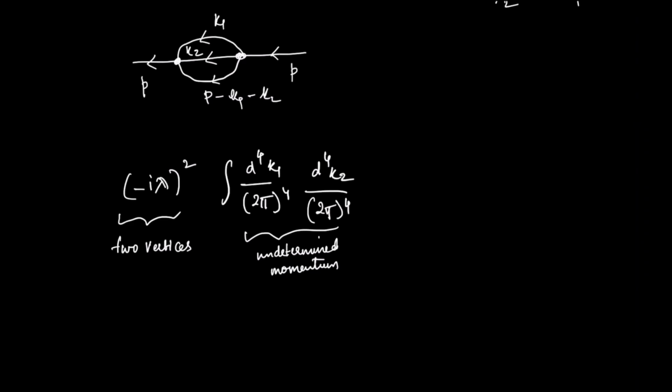Now I have to write three propagators. Okay, I have three propagators. First one is minus I by k1 square plus m square minus I epsilon, and the next propagator is k2. So how do I write the propagator for k2? Minus I by k2 square plus m square minus I epsilon.